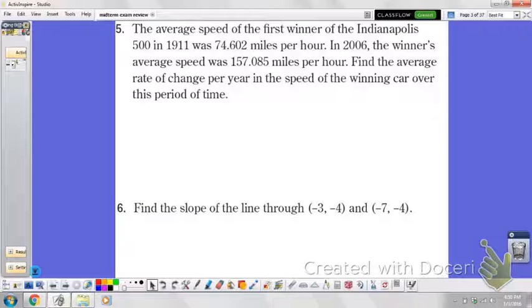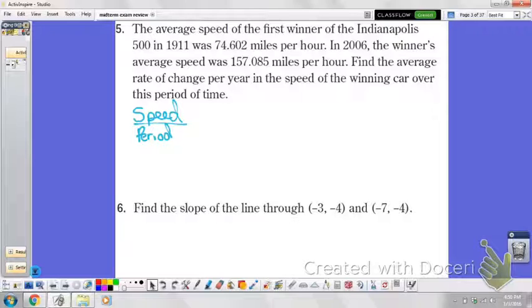So we're asked to find the rate of change of the speed over a period of time. And remember, rate of change is the same as slope. So we need to find the slope, more or less, of the information that's given.